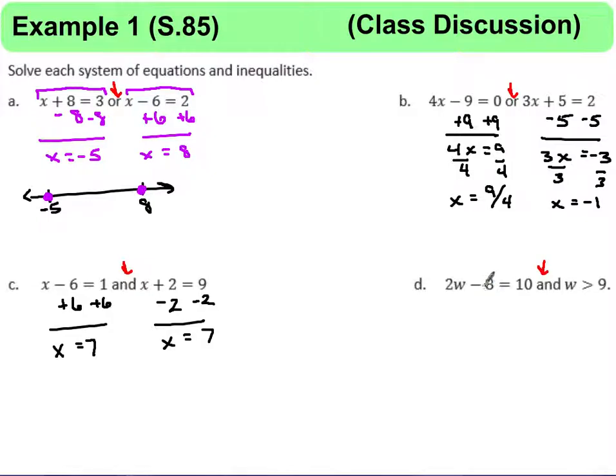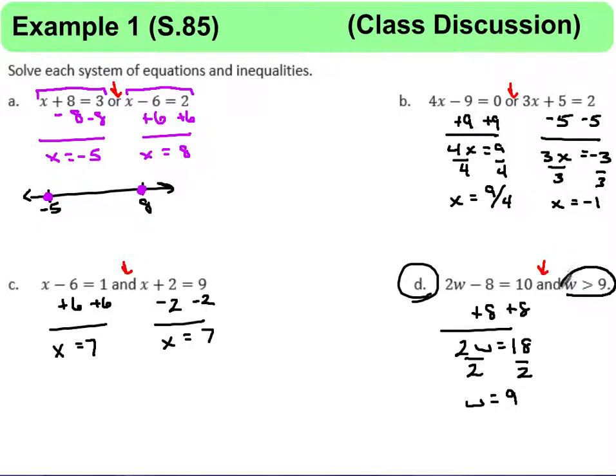Over here we have 2w minus 8 equals 10, so we will add 8 on both sides, so 2w will equal 18. Then we divide by 2, and so w would equal 9. Now what makes D a special case is that it says right here w has to be greater than 9.